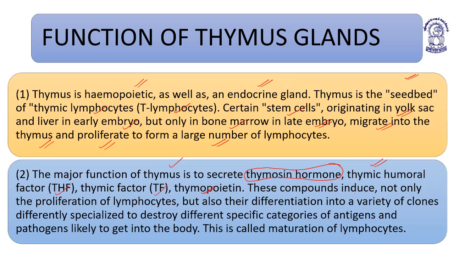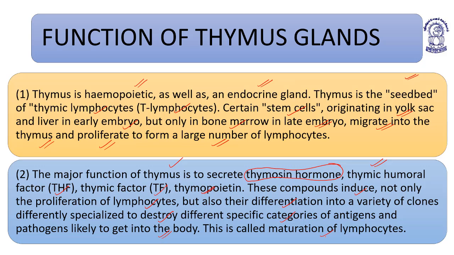These compounds induce not only the proliferation of lymphocytes but also their differentiation into a variety of clones differently specialized to destroy different specific categories of antigens and pathogens likely to get into the body.